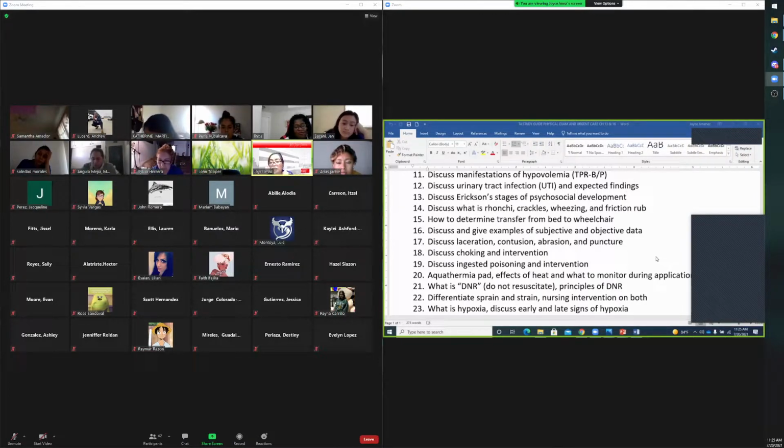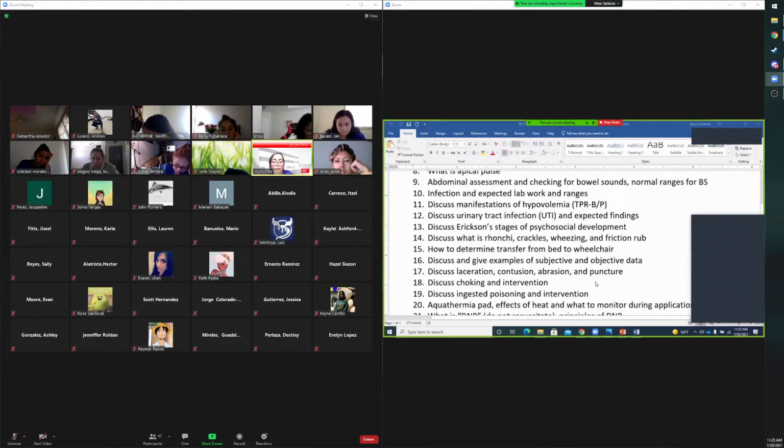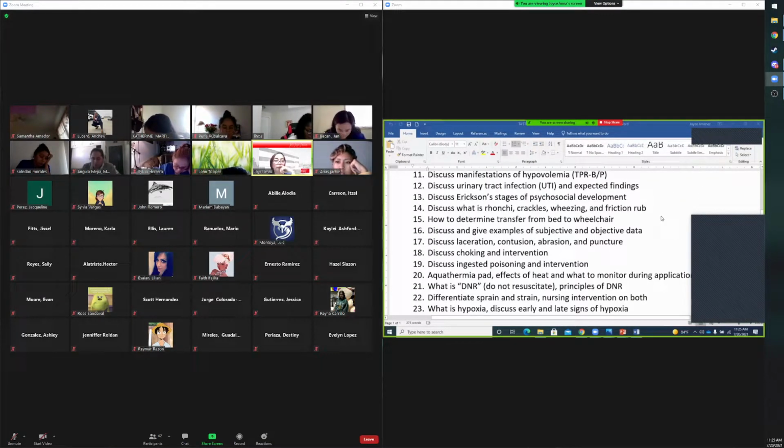Patient assistance and strength, yes. Balance, just like we talked about earlier. Assessment for readiness in ambulation. Sometimes questions repeat, just with another wording or another sentence. You see how important it is to know the basic concept.